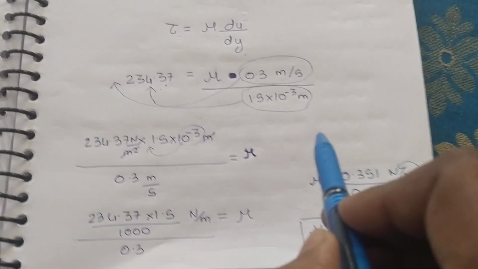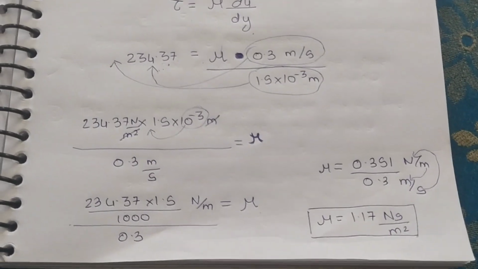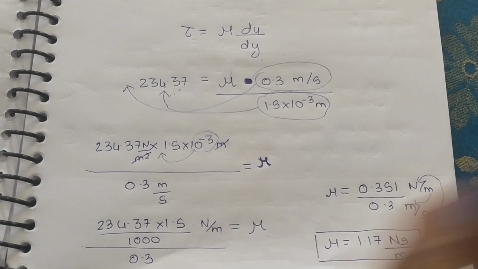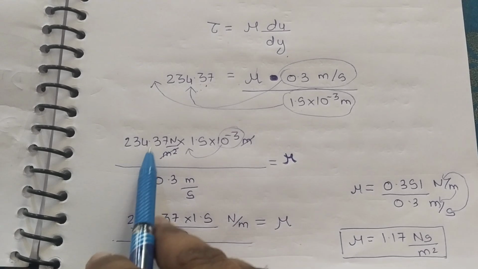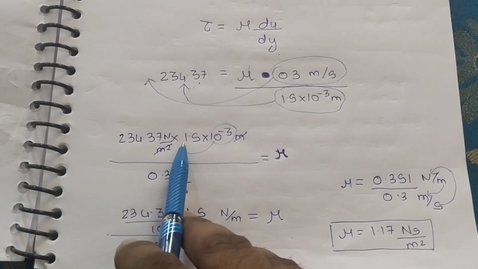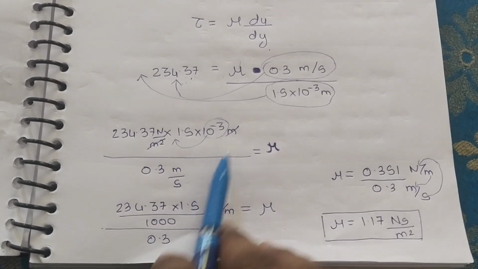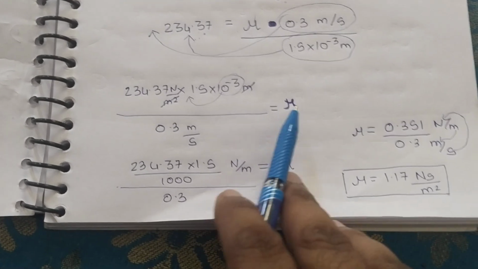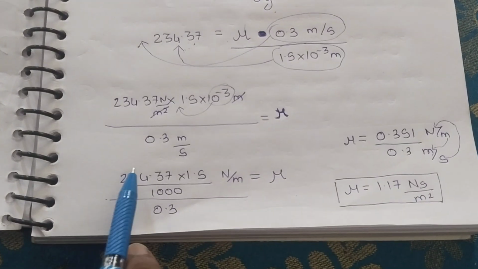Please don't get confused in the calculation, because one confusion will lead to all the answers being wrong. I have drawn arrows from where each value is given. So mu is equal to 234.37 Newton per meter square multiplied by 1.5 into 10 raised to minus 3 meter, divided by 0.3 meter per second.